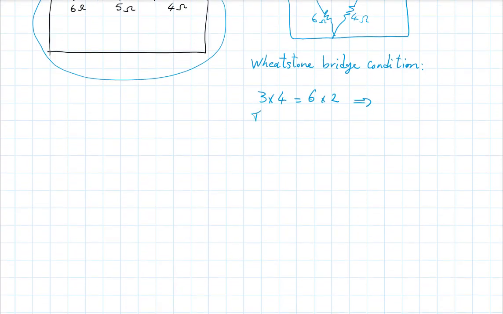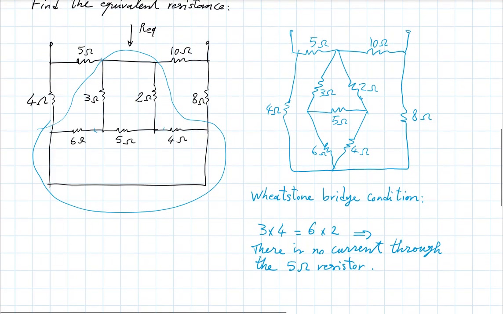So there is no current through the 5 ohm resistor. So if there is no current through the 5 ohm resistor, what can I say about the condition in which the 3 ohm and 6 ohm resistor find themselves?